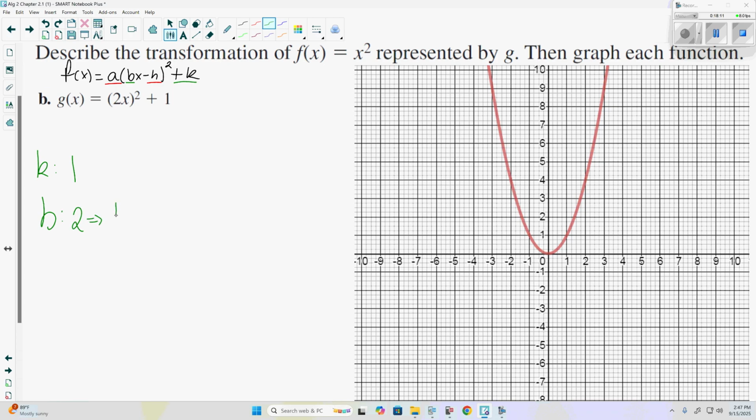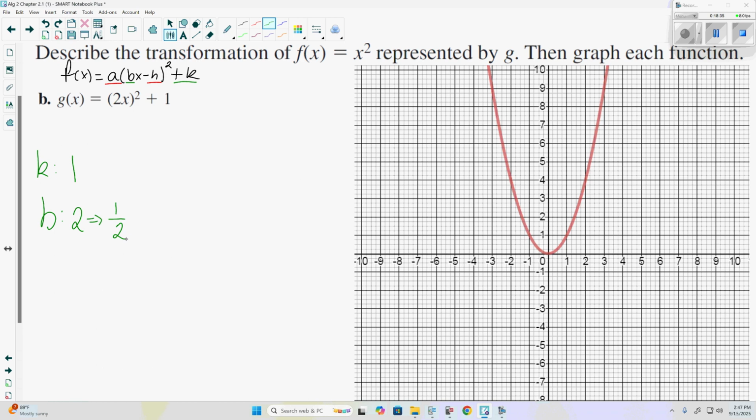But before we really start looking at it, I feel it's going to help us to just go on and flip it. So our value of B is 1/2, yes? Now, if the flipped value of B is greater than 1, it's a stretch. If the flipped value of B is between 0 and 1, it's a shrink.